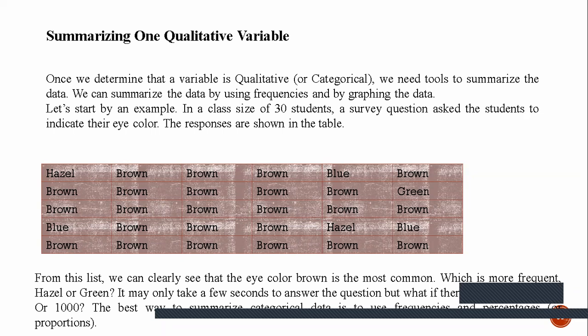It may only take a few seconds to answer the question, but what if there were more? Here we have only 30 students, so we can say what would be the most frequently occurring eye color. But let's assume that we have the responses of 100 students or 1,000 students.